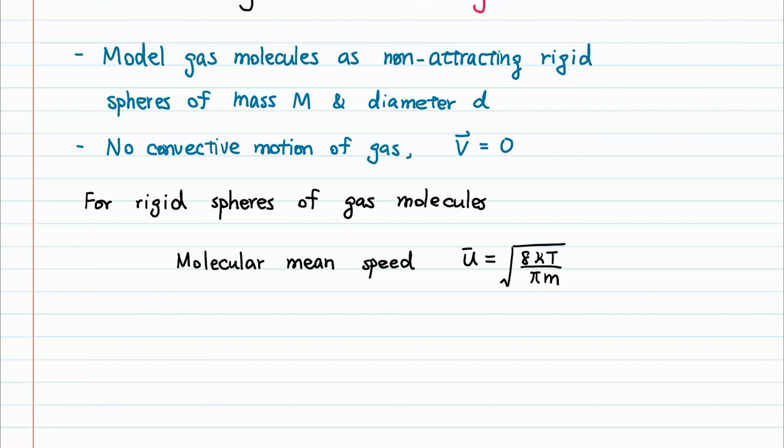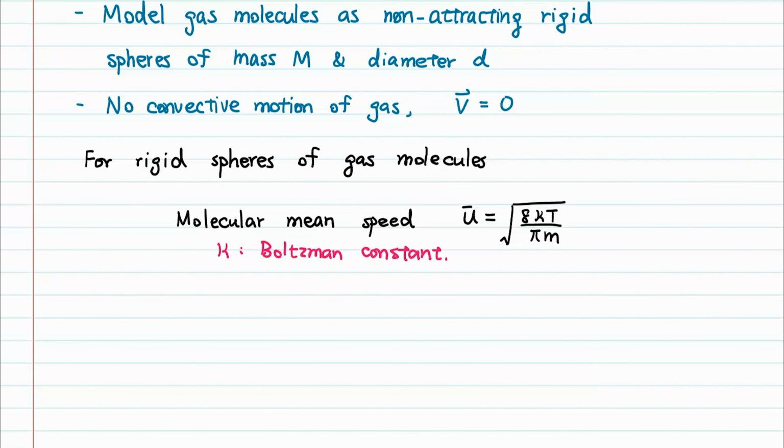Here kappa is the Boltzmann constant and T is our absolute temperature.